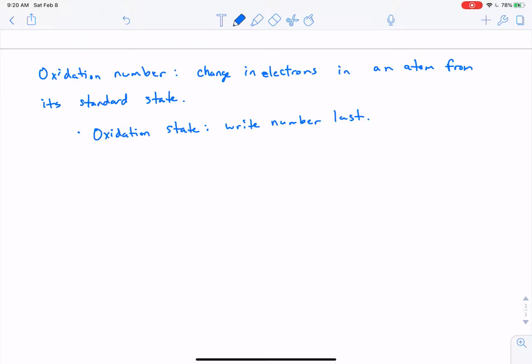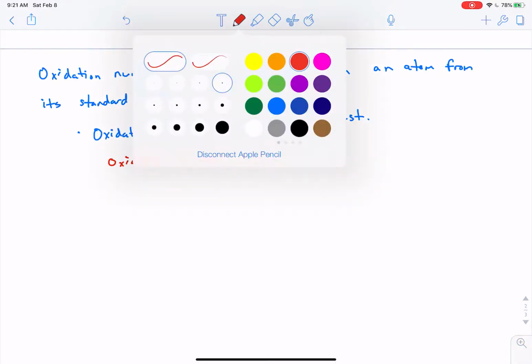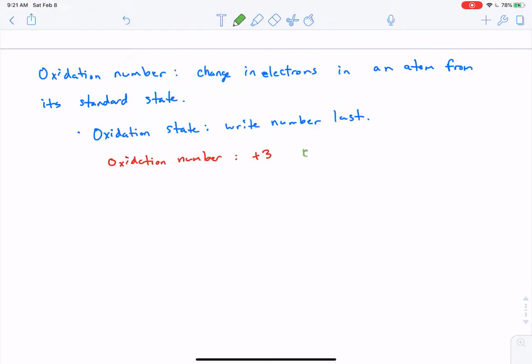What I always say is, whatever you're talking about, the thing you're talking about goes last. So if you're writing an oxidation number, number goes last, like +3. Whereas if it was an ion, its charge would be 3+. And yes, the IB does take a mark off if you write it the wrong way. That's just a silly thing to lose a point for.